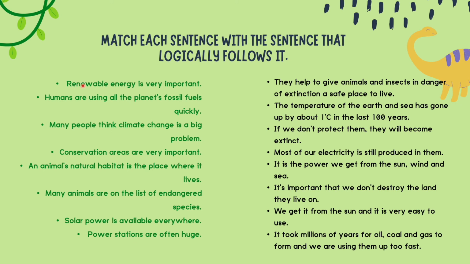We have renewable energy is very important. Okay, the hint is you just need to look at what is the function for renewable energy. Then the answer would be most of our electricity is still produced in them. Okay, the answer would be the fourth line here.